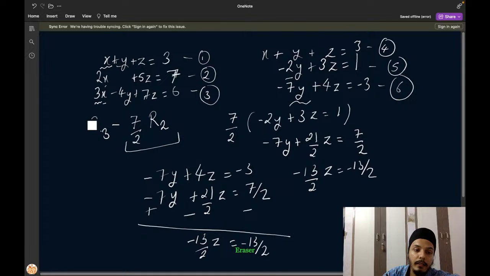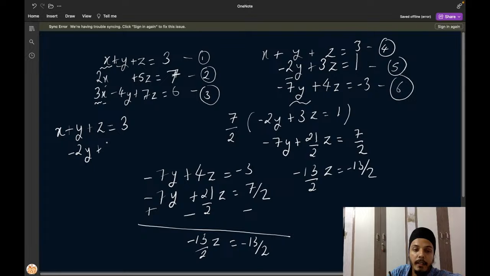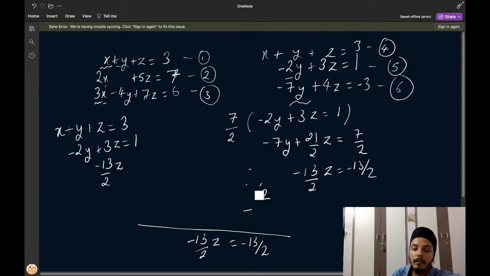So let me clear this area. So our new set of equations are x plus y plus z equals to 3, minus 2y plus 3z equals to 1, minus 13 by 2z equals to minus 13 over 2.